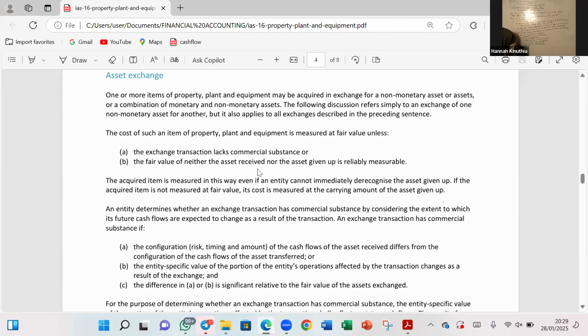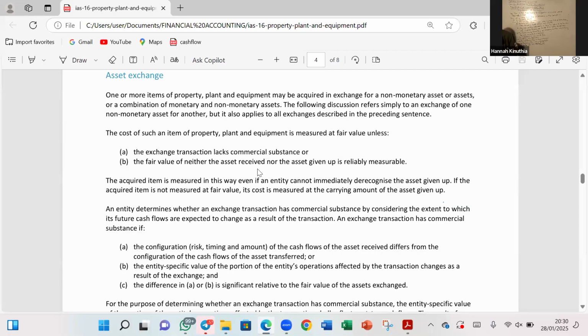So one or more items of PPE may be acquired in exchange for non-monetary assets, or a combination of monetary and non-monetary assets. That's what we call the asset exchange. Now, for example, you bought a car, used the car for two years, then you decide to exchange that car with another car. Now what you do, you exchange that car and then you add some cash on it.